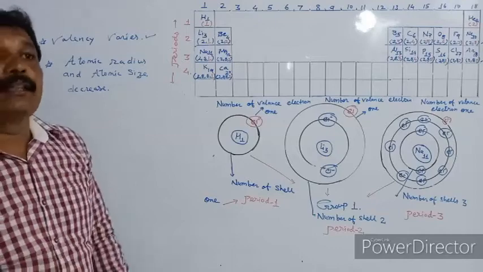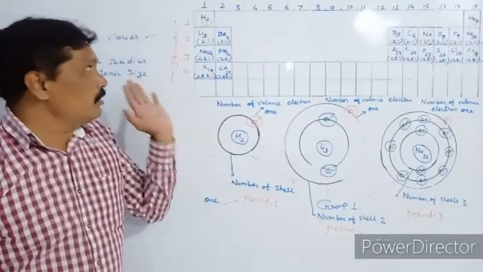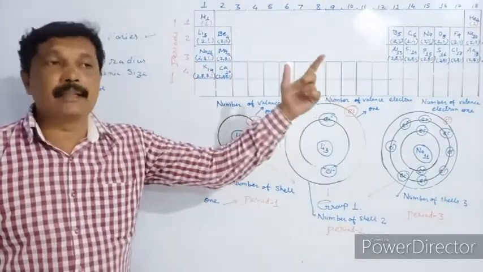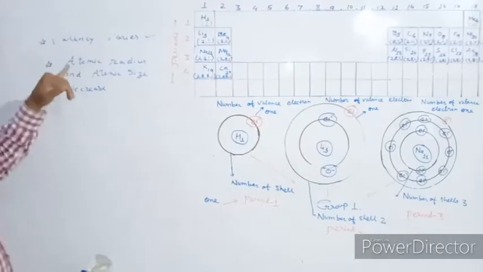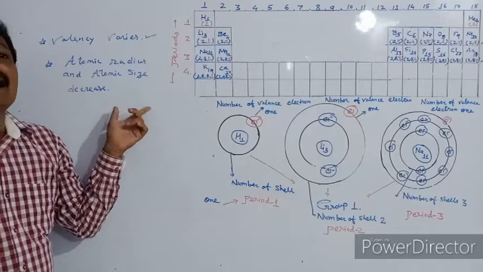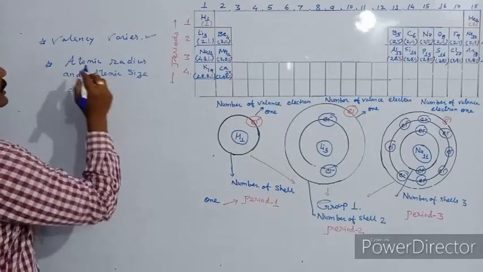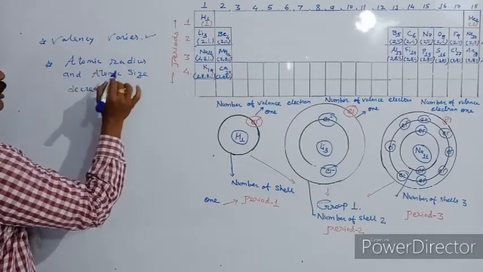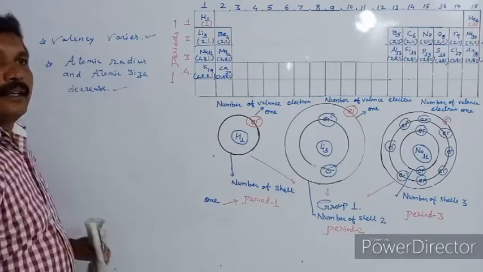The second thing, again, as we move from left to right in a period, the atomic radius and the atomic size go on decreasing. It means that atomic radius and atomic size decrease.